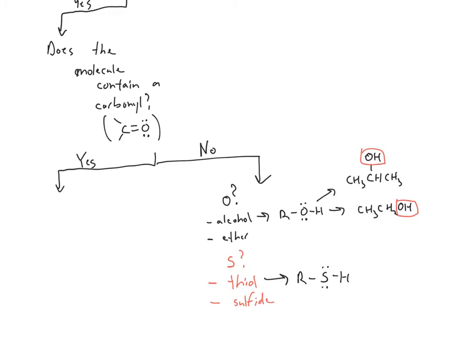So instead of an oxygen, you have a sulfur. If you substituted a sulfur in for the oxygen atoms in these molecules, you would have a thiol. A sulfide is the sulfur ether, which I didn't do up above.